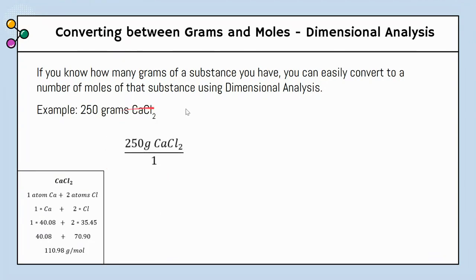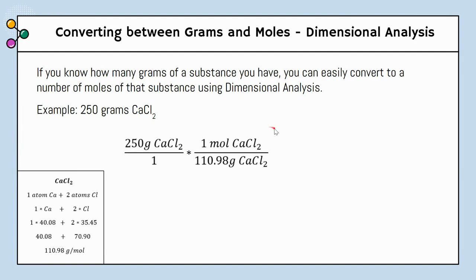We'll start with grams calcium chloride, and we'll put it over 1, just like we always do with dimensional analysis. That's because this is a measured amount. It's not a conversion. It's not 250 grams per something, just 250 grams. Next, we'll set up our conversion factor. Notice that I kind of flipped the molar mass. We know that 1 mole of CaCl2 is equal to 110.98 grams of that compound.